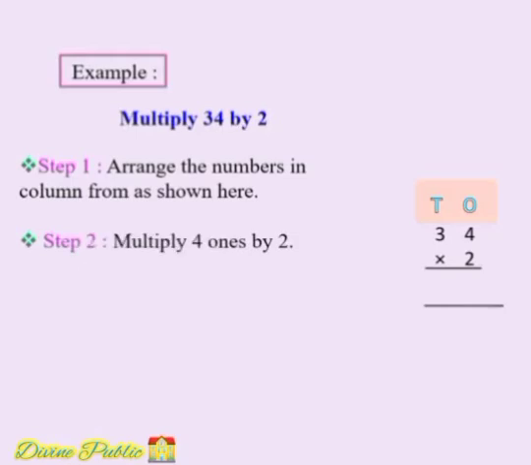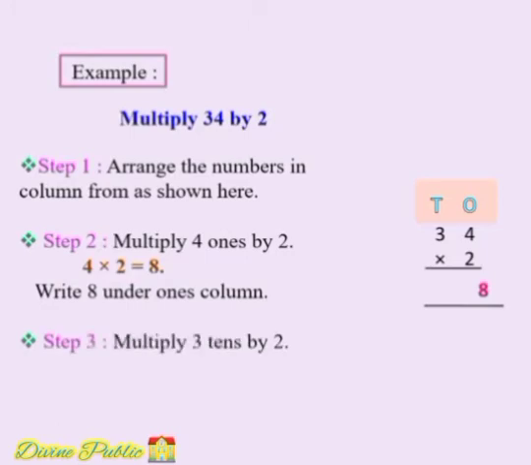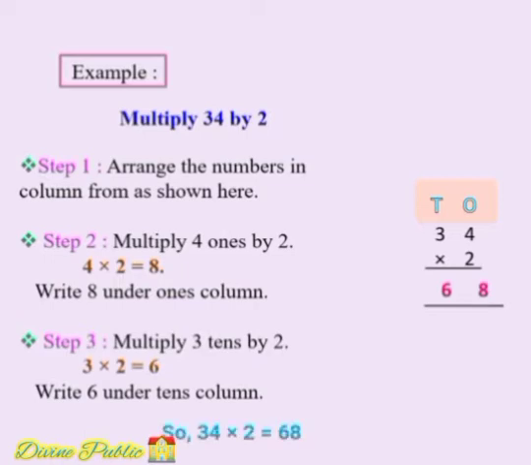Multiply 4 ones by 2 and write 8 under the ones column. Step 3. Multiply 3 tens by 2 and write 6 under the tens column. So 34 multiplied by 2 is equal to 68.